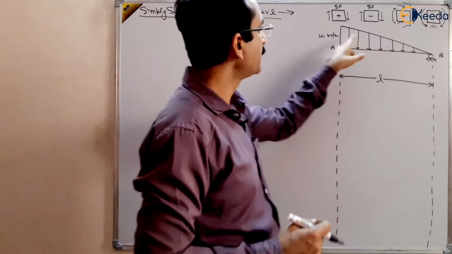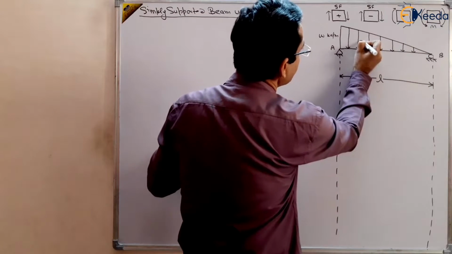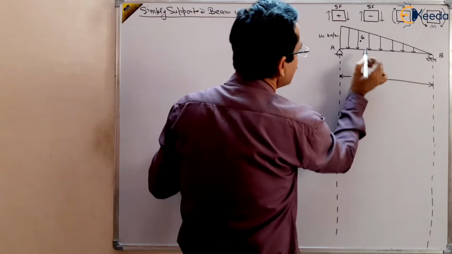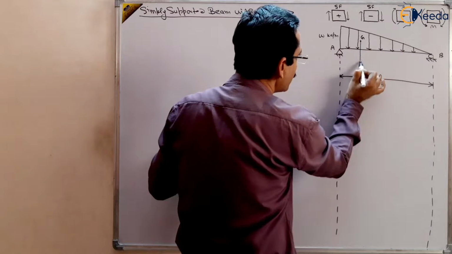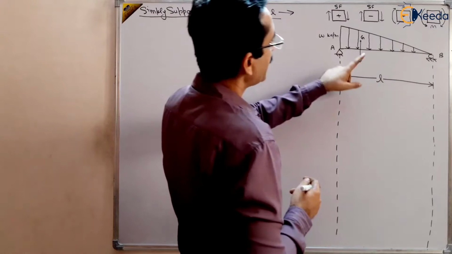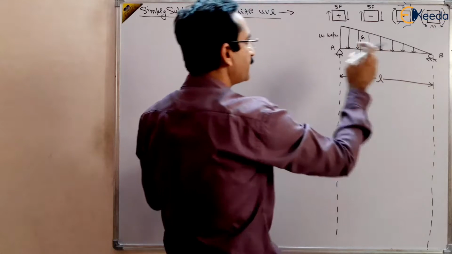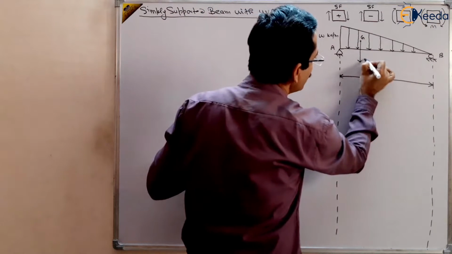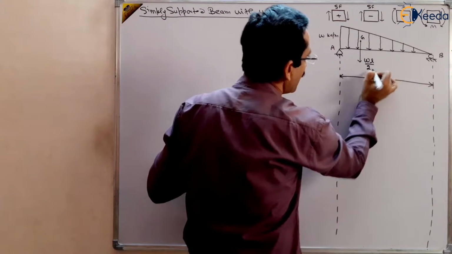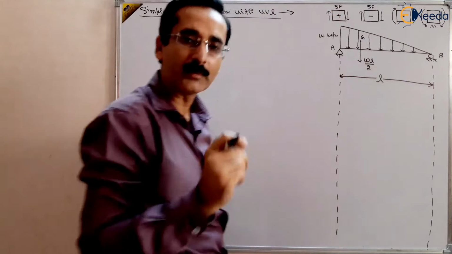So what will be the total force concentrated at the centroid? Suppose this is our centroid; the total load will be concentrated at this point, and the value will be half base into height. Height is W, base is L, so half multiplied by base multiplied by height is WL by 2.